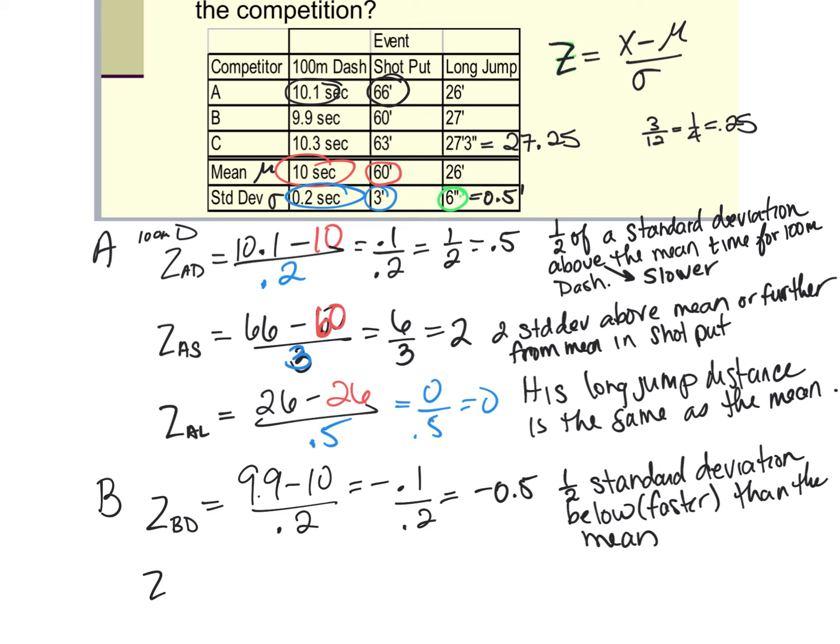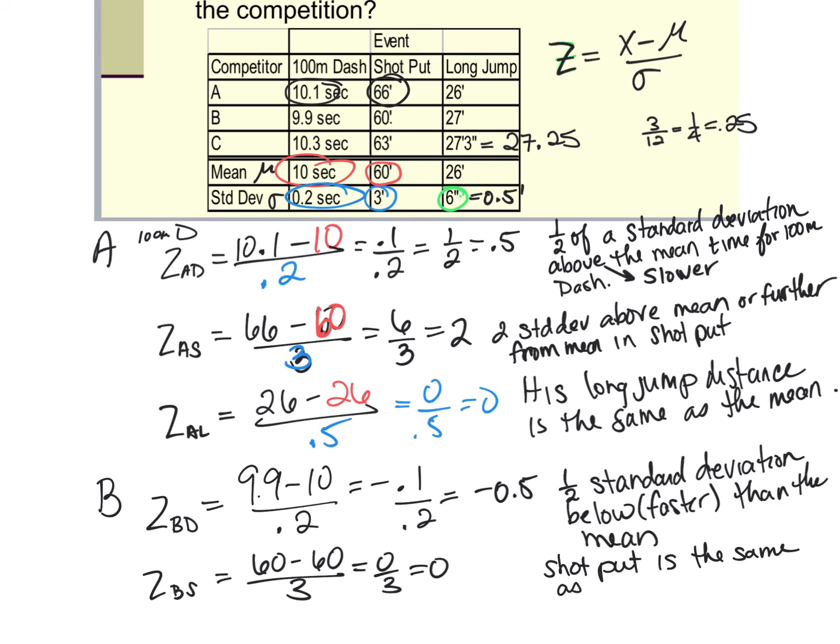So let's look at B's shot put. It was 60 minus 60, right? His score was a 60. The mean was a 60 over 3. That's 0 over 3, which is 0. So the shot put is the same as the mean.